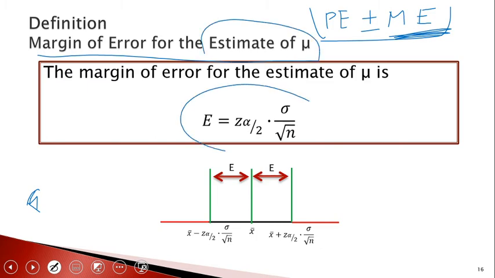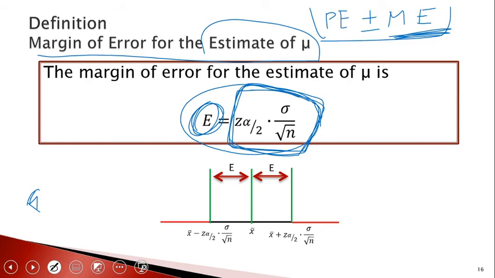We can calculate it like this. The margin of error is denoted by capital E. So you can calculate C alpha over 2 times sigma over square root of n. I know that you are very familiar with this, right? In the last few slides you calculated this. Yes, this is your margin of error.